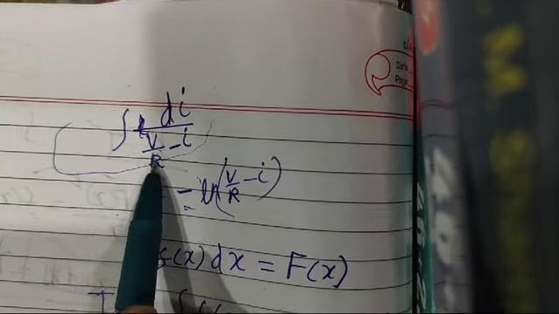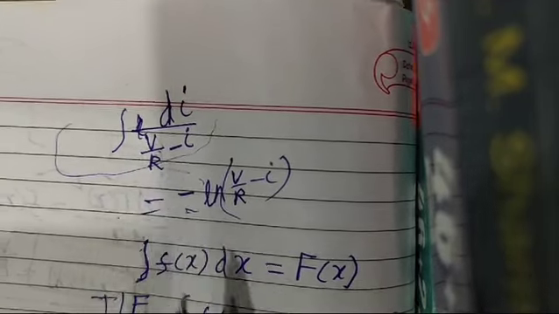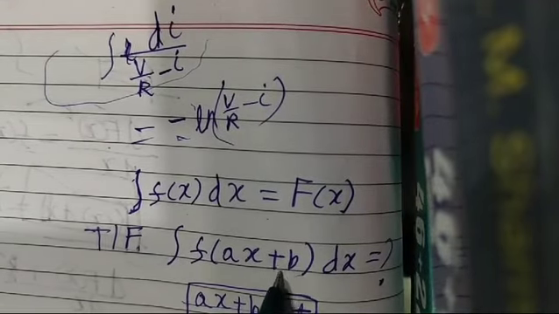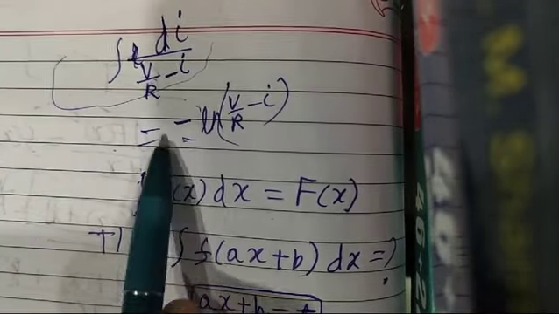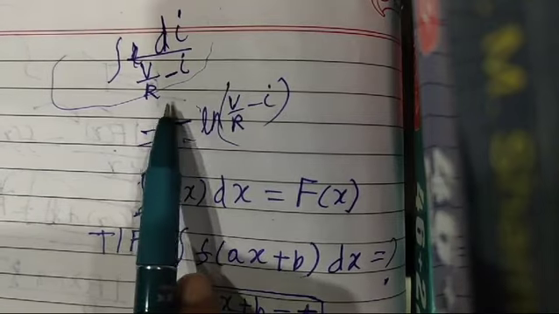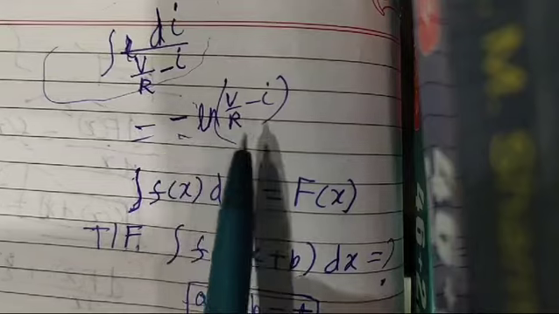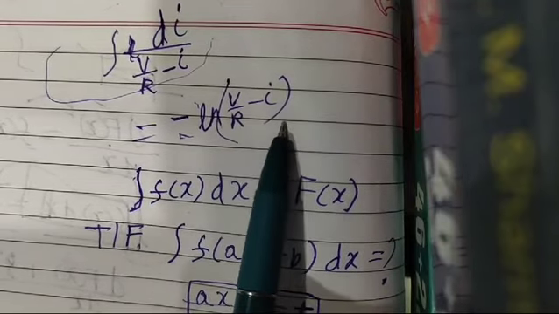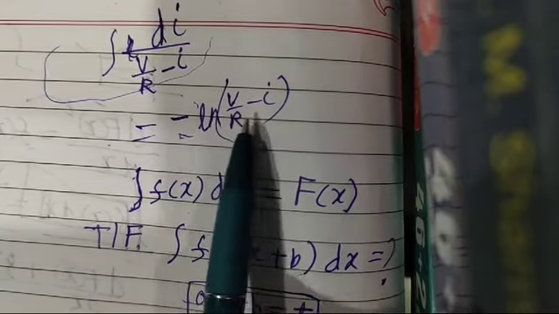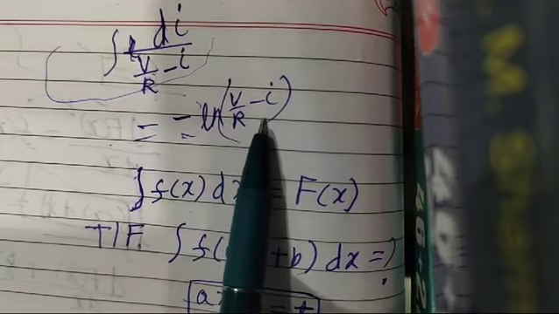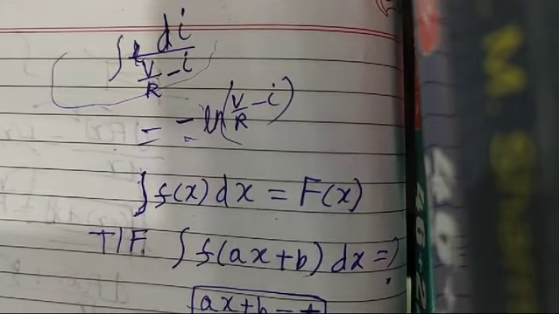This is the b here, okay? And what is your a? a is minus 1, and you can see that we have multiplied minus 1 here, and ax plus b, where x is i here. So that is very cool.